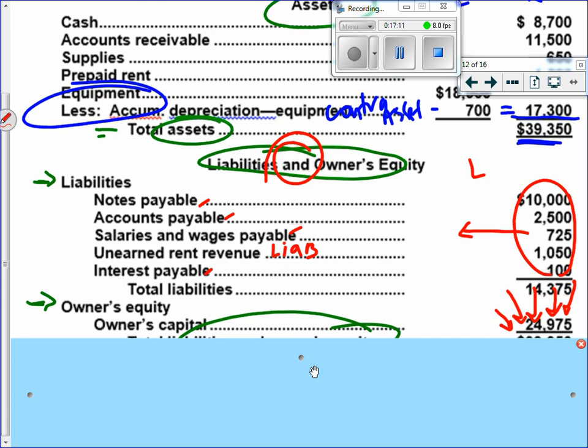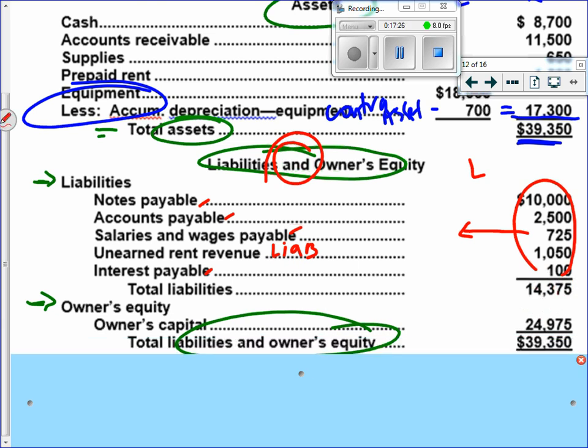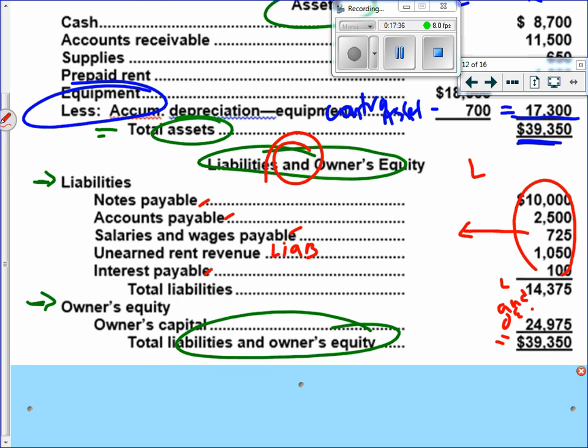They had some things add to their value. They had some things subtract to their value. And again, it's the fruits of your labor. So liabilities and owner's equity should equal the same thing as your assets. Double ruling below. Sorry, I changed pen colors there.